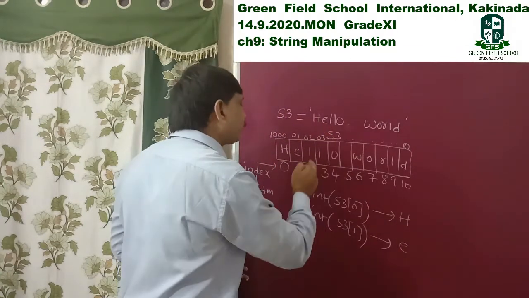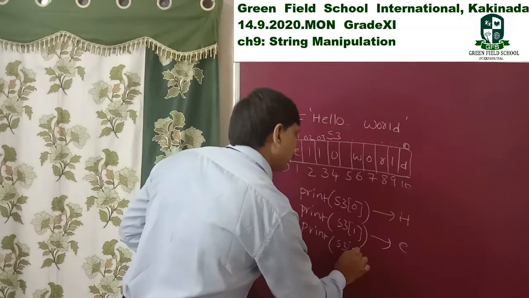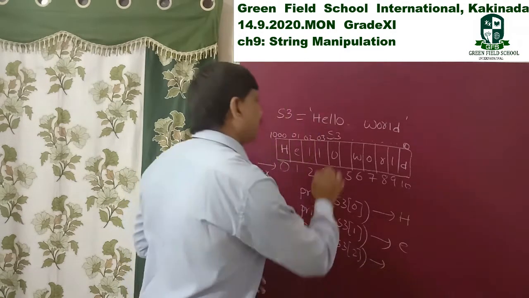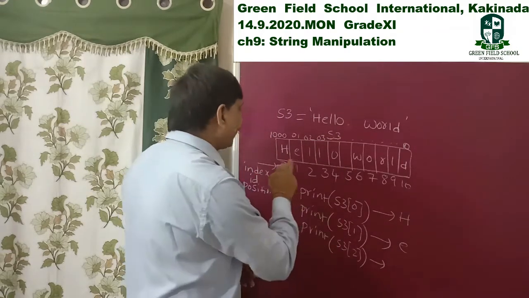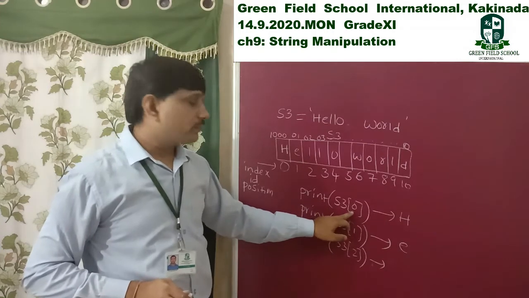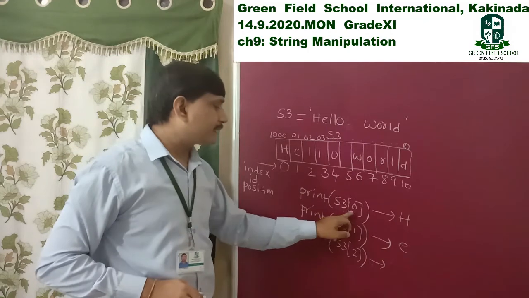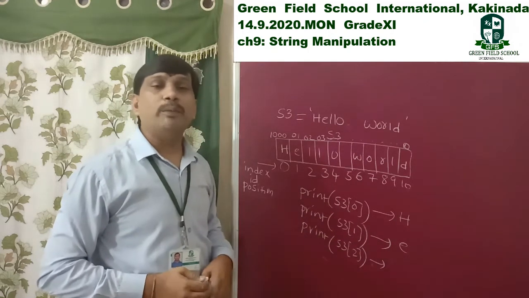Okay, S3 of 2. Print S3 of 2. See, every time the index is placed in these square brackets. We place all these indexes in square brackets. This is a square bracket. So the string index is always placed in square brackets.